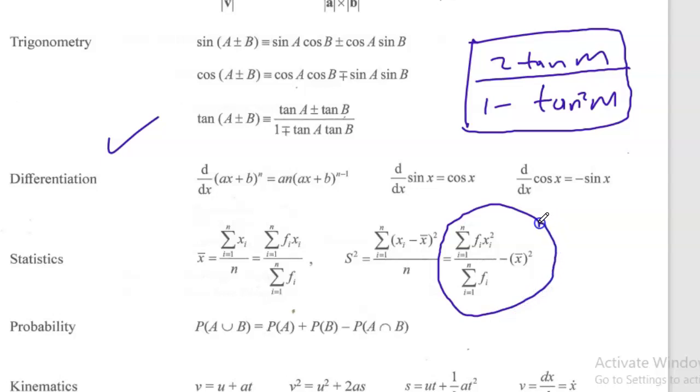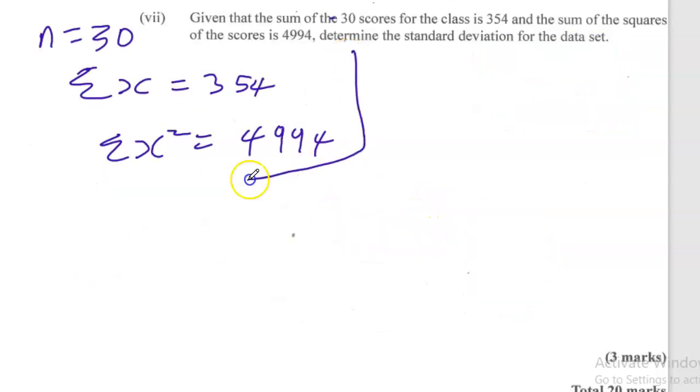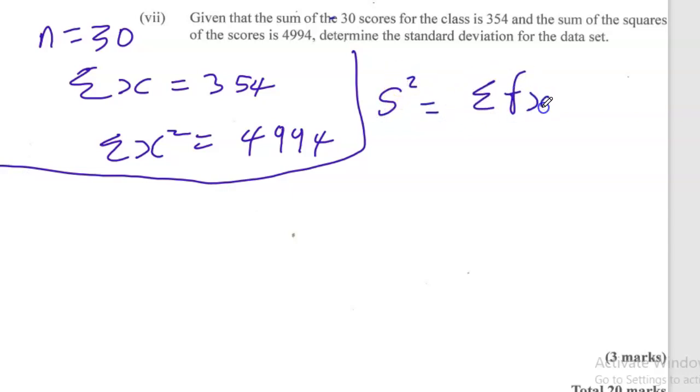So let's rewrite this: s squared equals sum of fx squared over sum of f minus x bar squared.